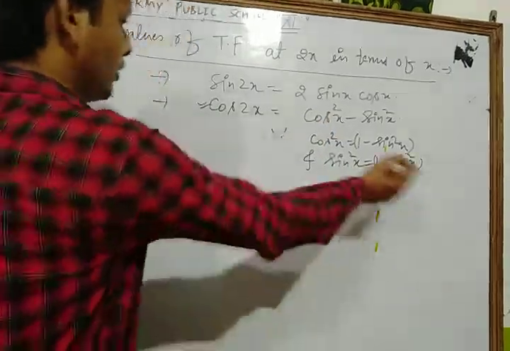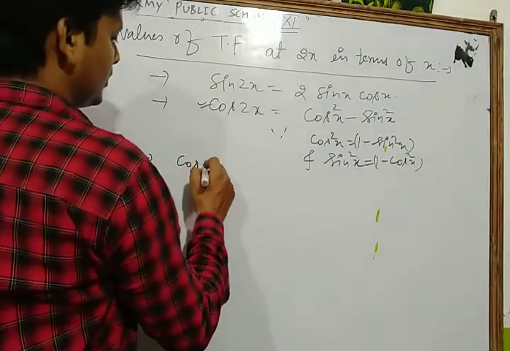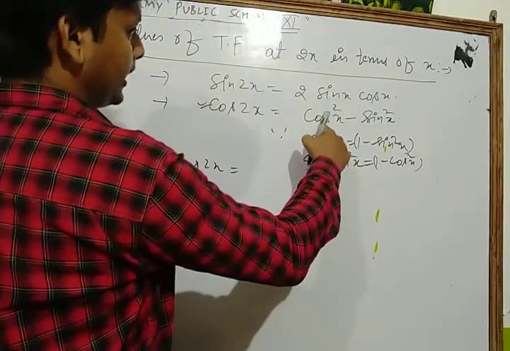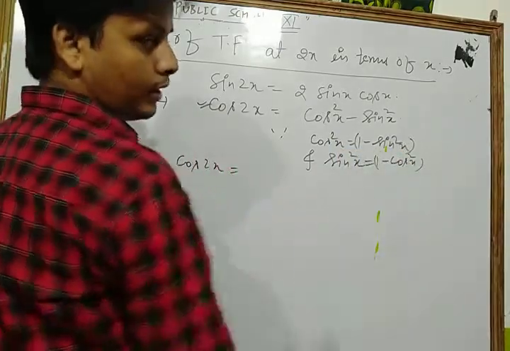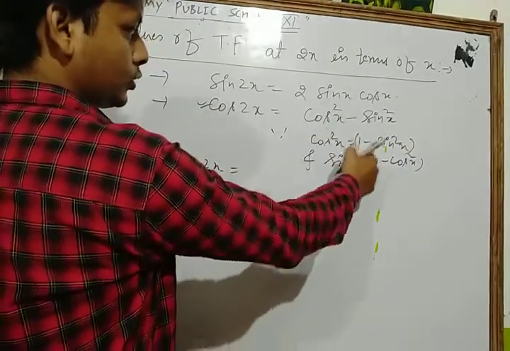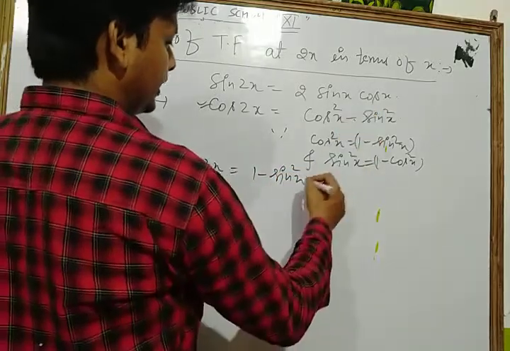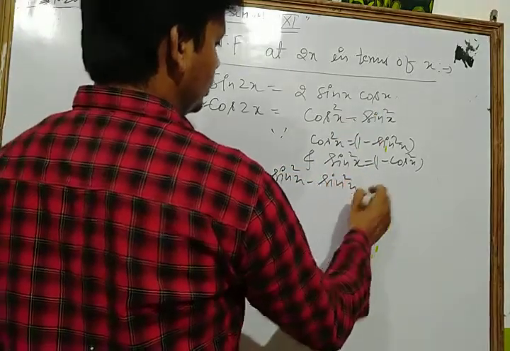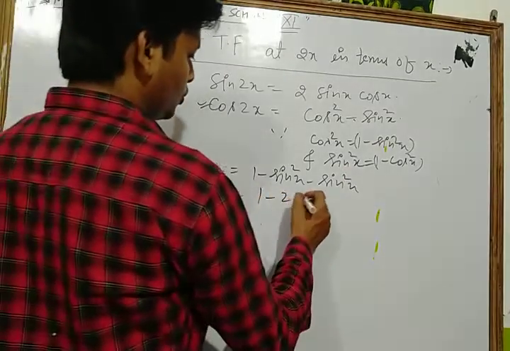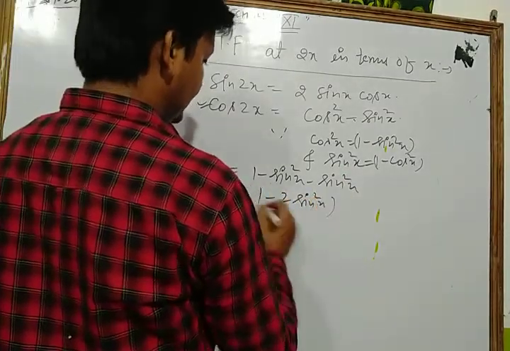Let's see. Suppose we put cos square x equal to 1 minus sin square x, and minus sin square x is already here. So what do I get? 1 minus 2 sin square x.